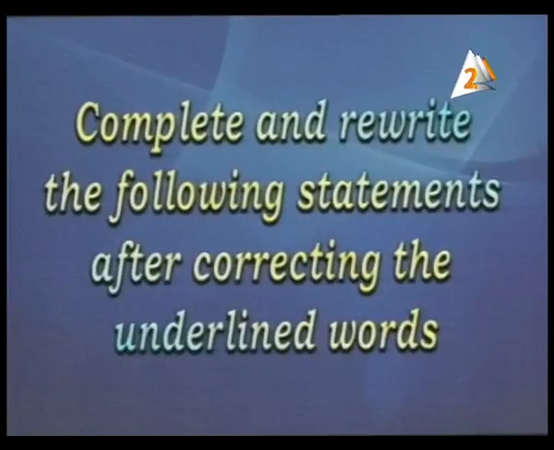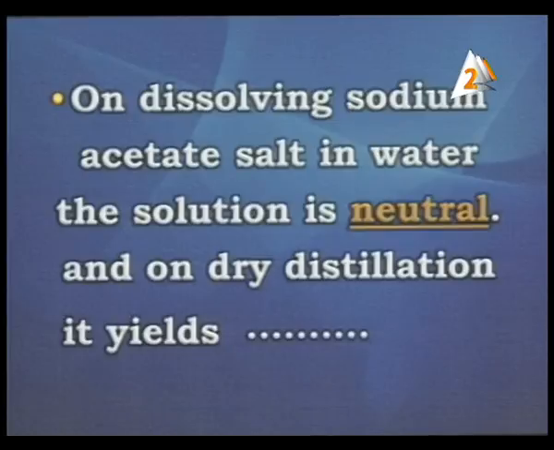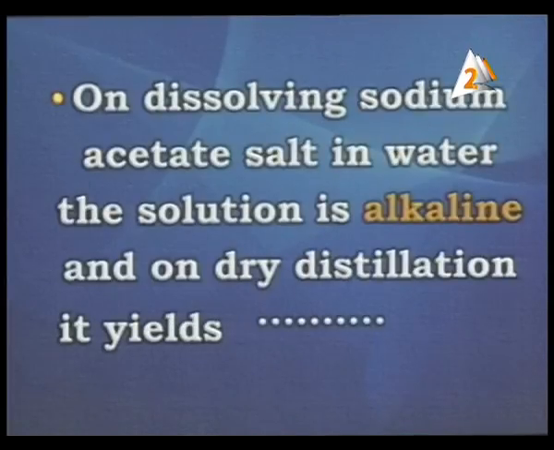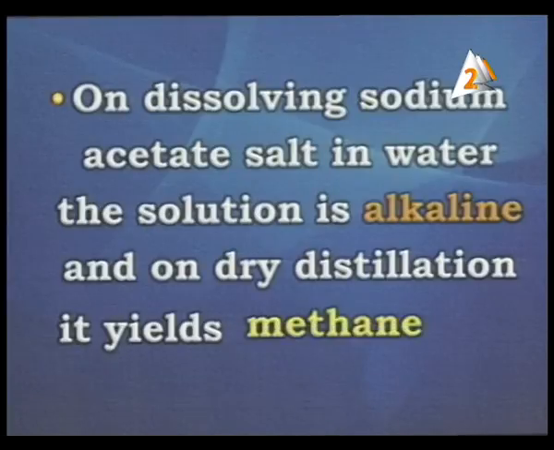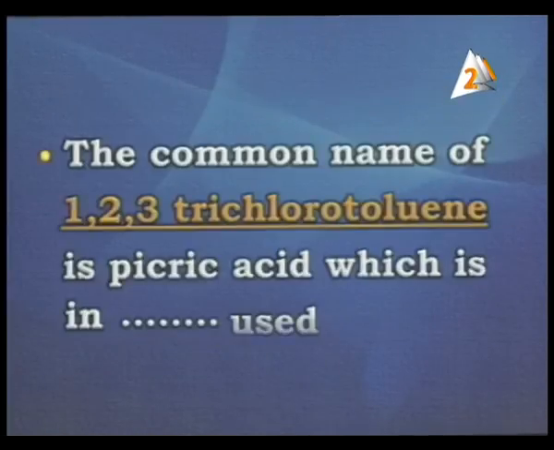Next type of question, my dear student. Complete and rewrite the following statements after correcting the underlined word. On dissolving sodium acetate in water, the solution is neutral, and on dry distillation it yields what? Here the answer: on dissolving sodium acetate in water, the solution is alkaline, and on dry distillation it gives methane.